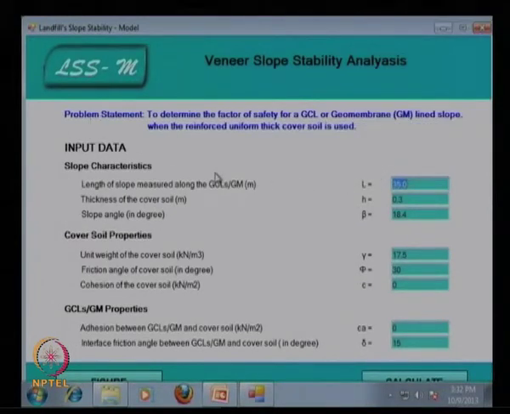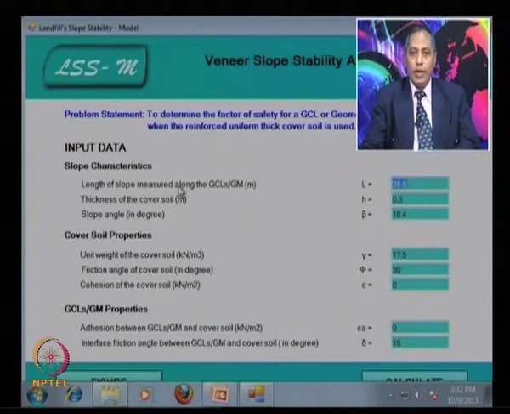So this is the problem statement: to determine the factor of safety for the geosynthetic clay liner or geomembrane lined slope when reinforced uniform thick cover soil is used. This is the input data for the slope characteristics. That means you should know the length of the slope, the height or thickness, and the slope angle.